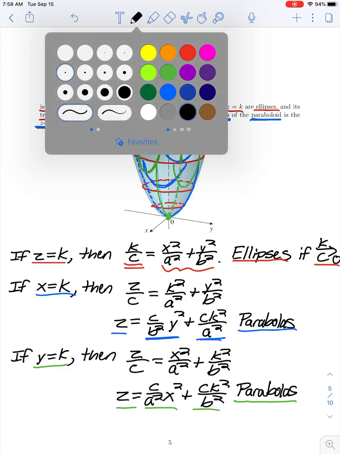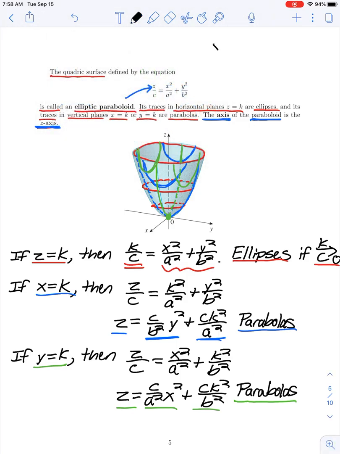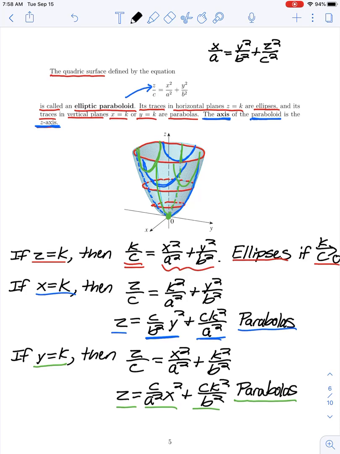So if we had, let's say, x over a equal to y squared over b squared plus z squared over c squared, we would have an elliptic paraboloid, but opening along the x-axis instead of the z-axis. That axis where it's centered is known as the axis of the paraboloid.